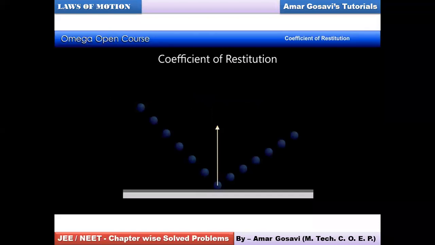Not necessarily every time will the ball move vertically and collide. At times, a ball can come in an inclined manner, then the collision takes place, and then the ball may again get reflected, just like the reflection of rays, isn't it? So we need to understand how we are going to place the equations for coefficient of restitution for such kinds of collisions. Please take a picture of this, friends, before I start explaining.